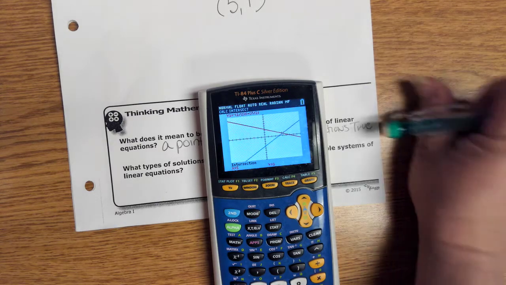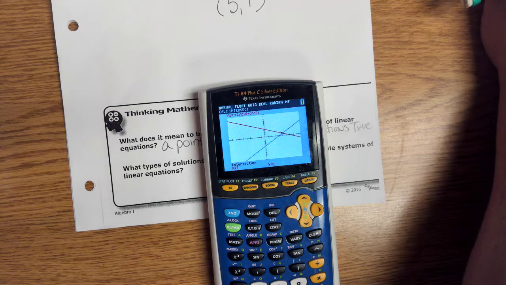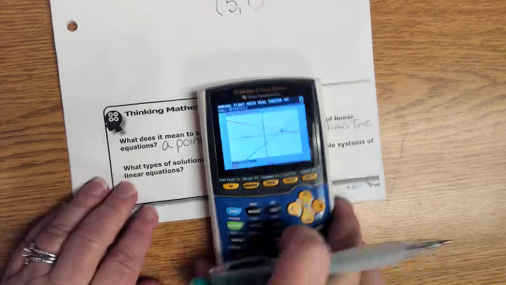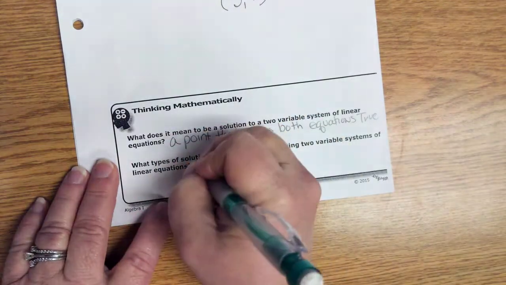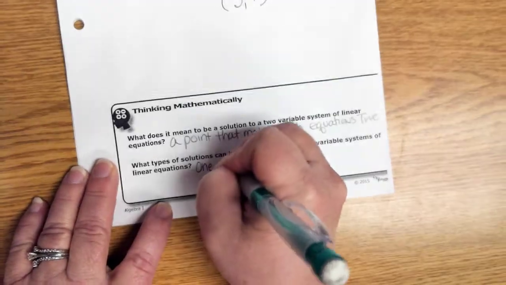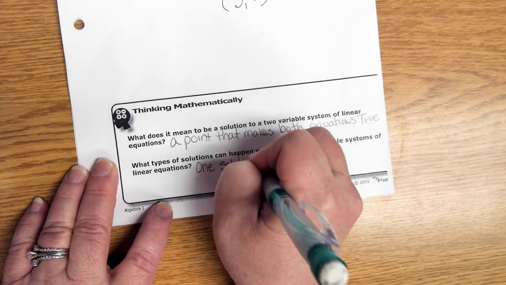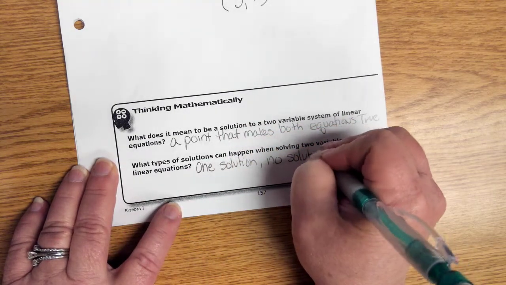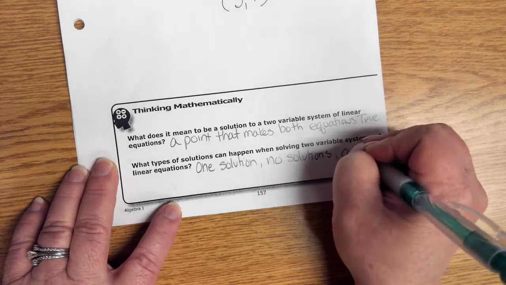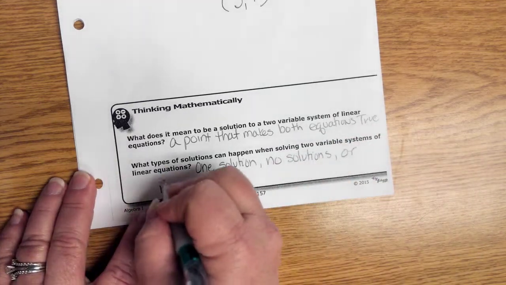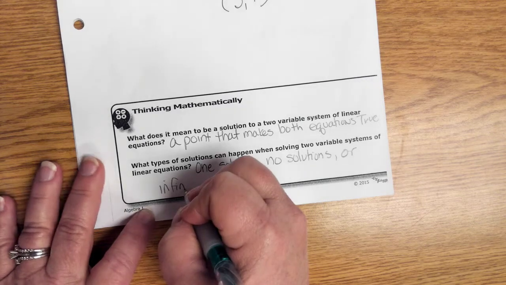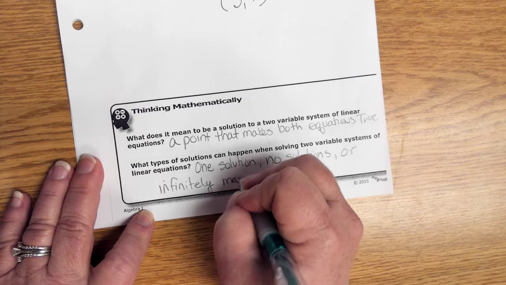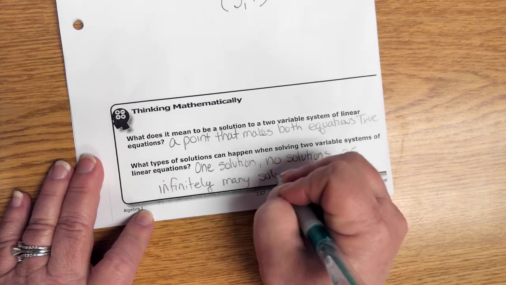Okay? What types of solutions can happen when solving two variable systems of linear equations? Your answers are either one solution, no solution, or infinitely many solutions.